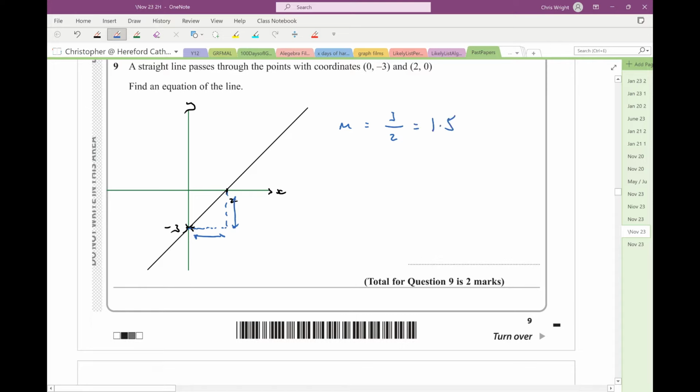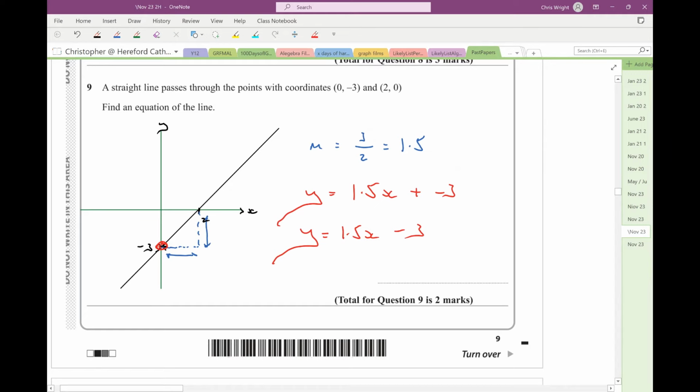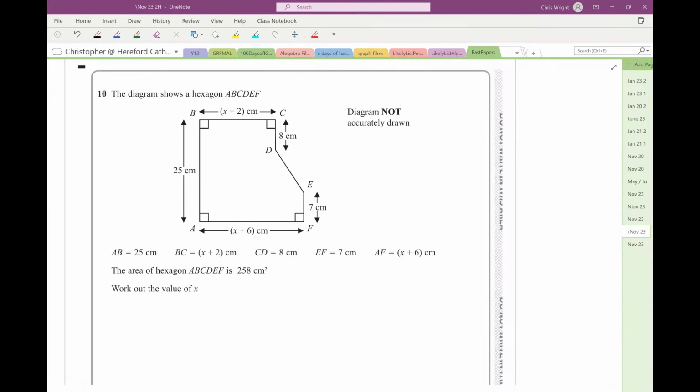Now, what's the y-intercept? Look at that, I can see. The y-intercept is -3, isn't it? So my equation is y = mx + c, 1.5x + (-3), or better still, y = 1.5x - 3. And that's question 9.